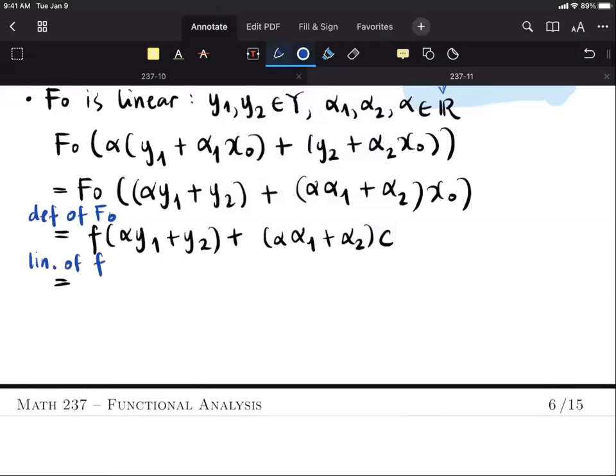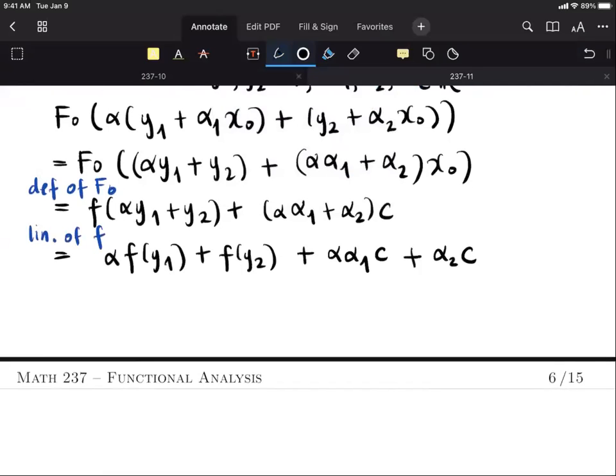Now you apply the linearity of f. So we can pull out alpha, f of y1 plus f of y2. And then we distribute here c.